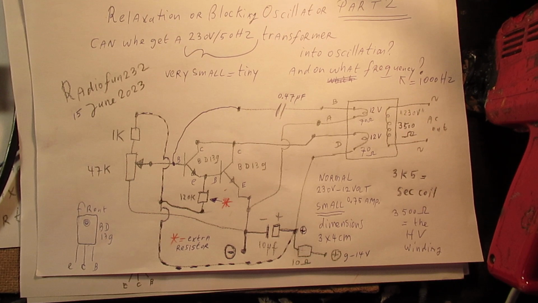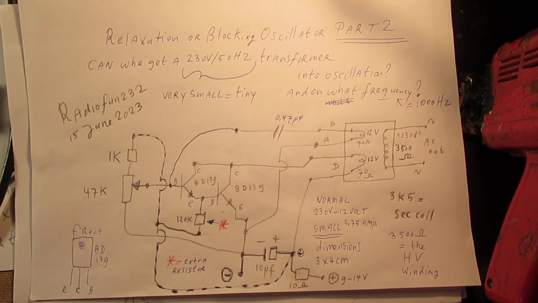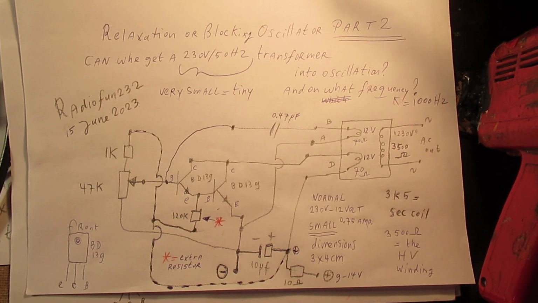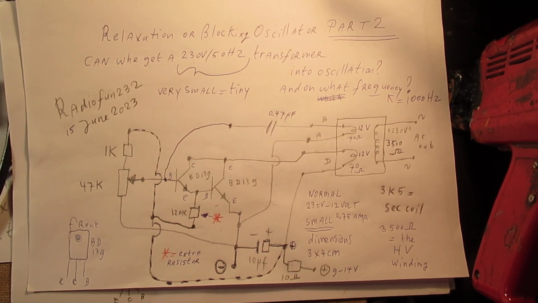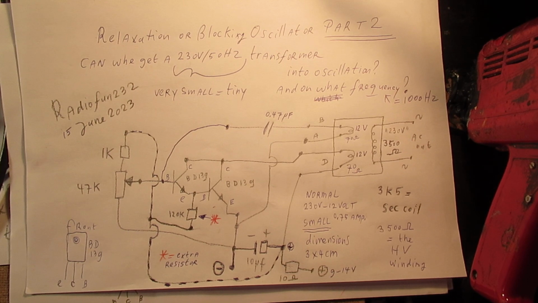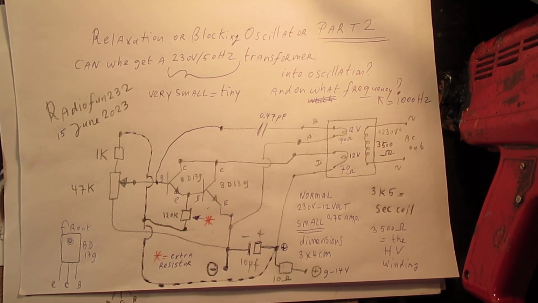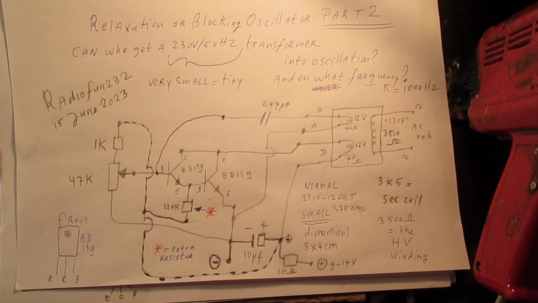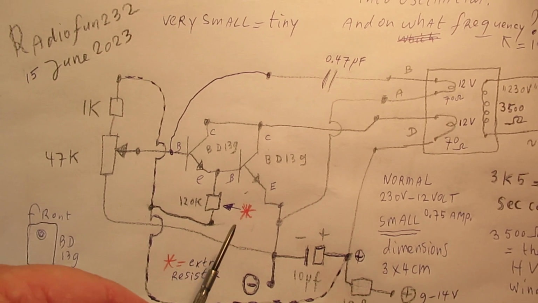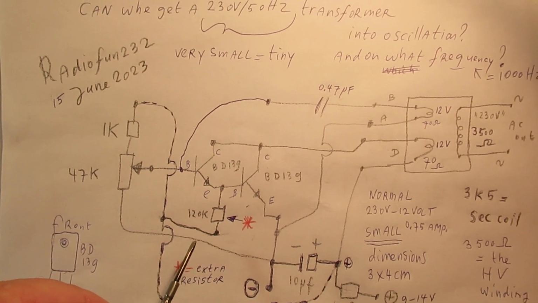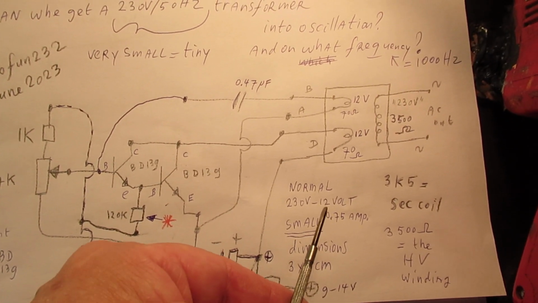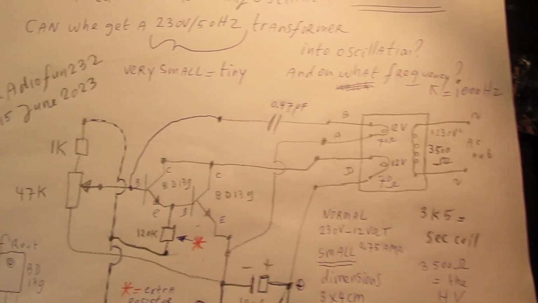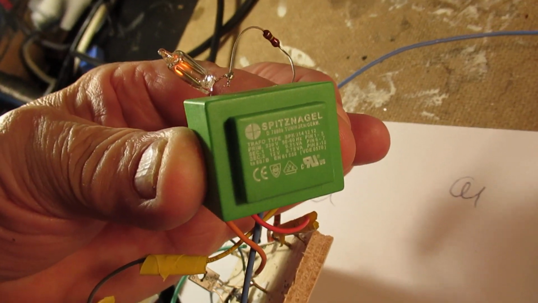That means that it oscillates more easily at lower voltages, between approximately 6 volts and approximately 14 volts. So this resistor here is key for somewhat better oscillation when you want to use this high voltage transformer.